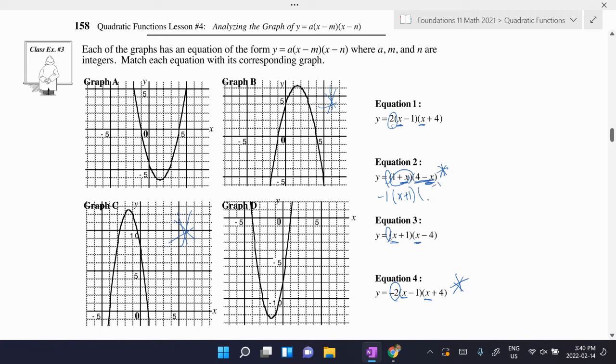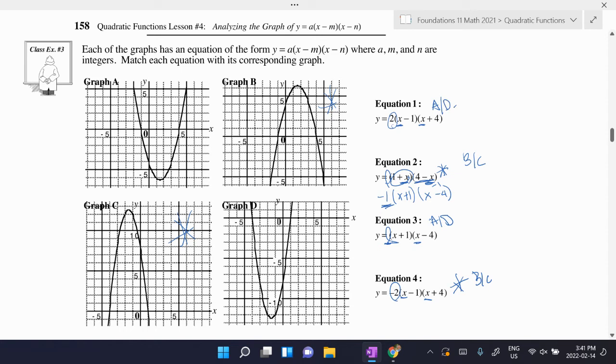So I'm dividing negative 1 out of here. That's going to leave me with x minus 4, okay? I see this is an x, so it's going to be either B or C. And that means this one's also going to be B or C, which means this one, A is positive 1, so it's going to be either A or D. And example 1 is going to be A or D.